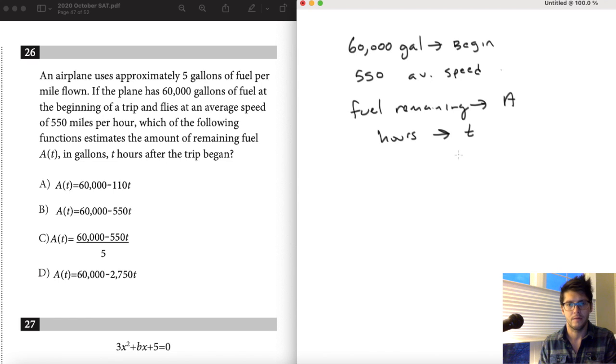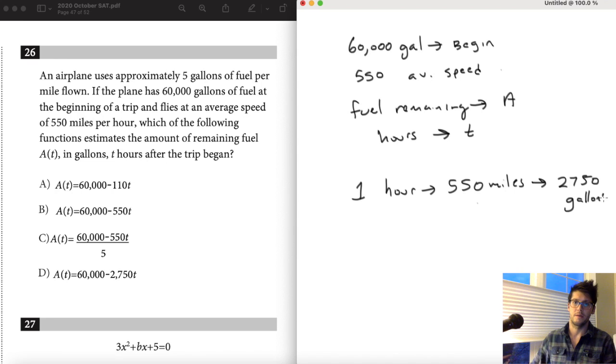In 1 hour, I'm going to do 550 miles. And if I do 5 gallons every mile, then I better multiply that by 5. 550 times 5 is 250 plus 2,500, so that's 2,750 gallons. Wow. It's a lot of gallons in 1 hour.